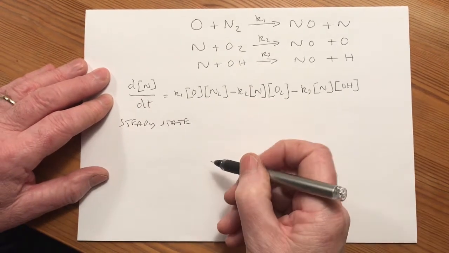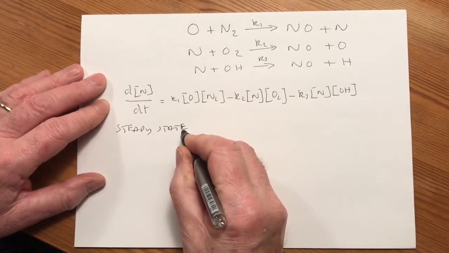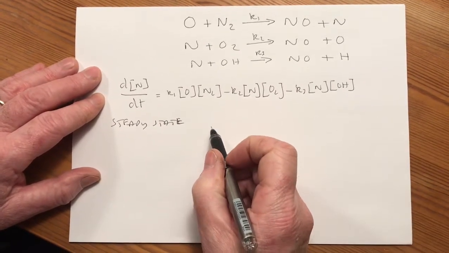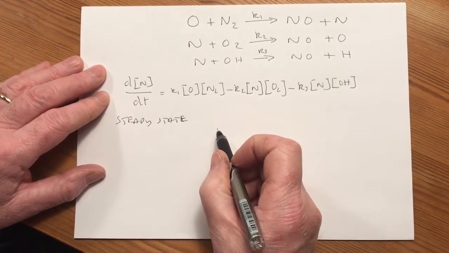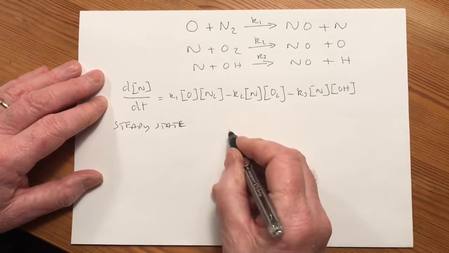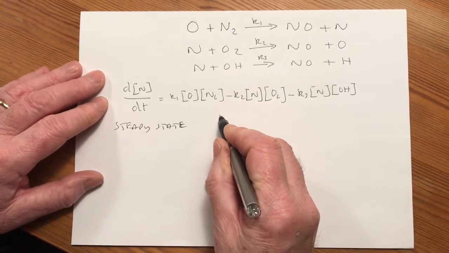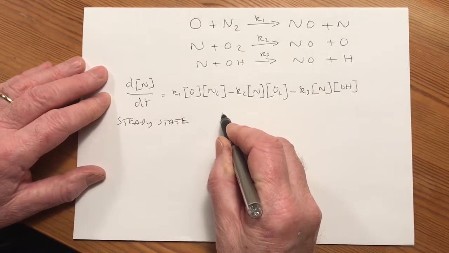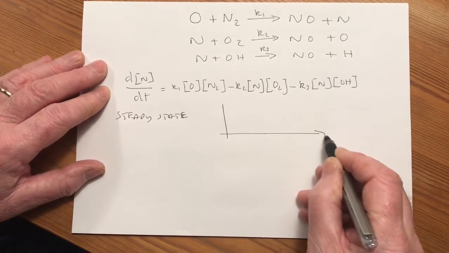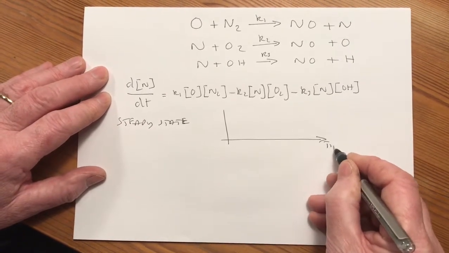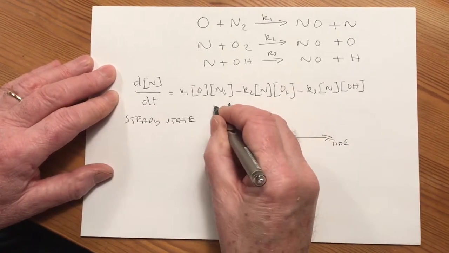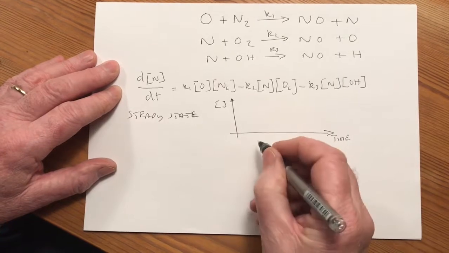The concept of steady state is just simply a little trick that we can use to simplify the expression, so that instead of solving all the equations together, we can get a simplified expression for one of the components. And here we're especially interested in NO. So let's have a quick look at steady state. The idea is that we have all of these components together. This is time down here, and this is the concentration of some component, it doesn't really matter which one.